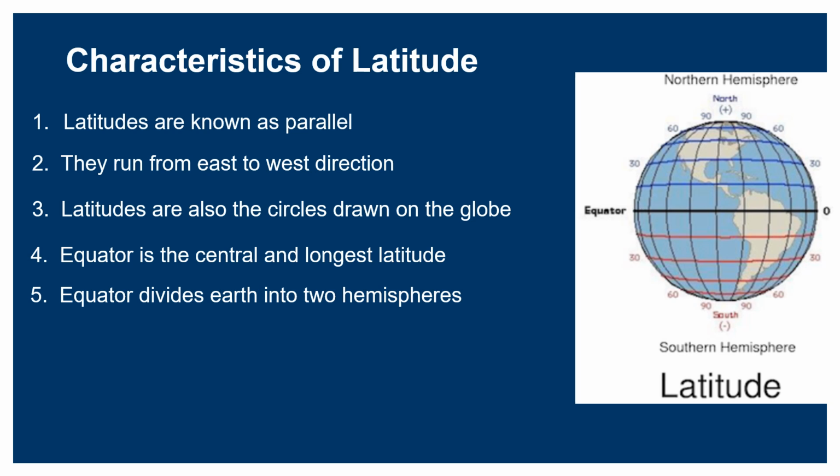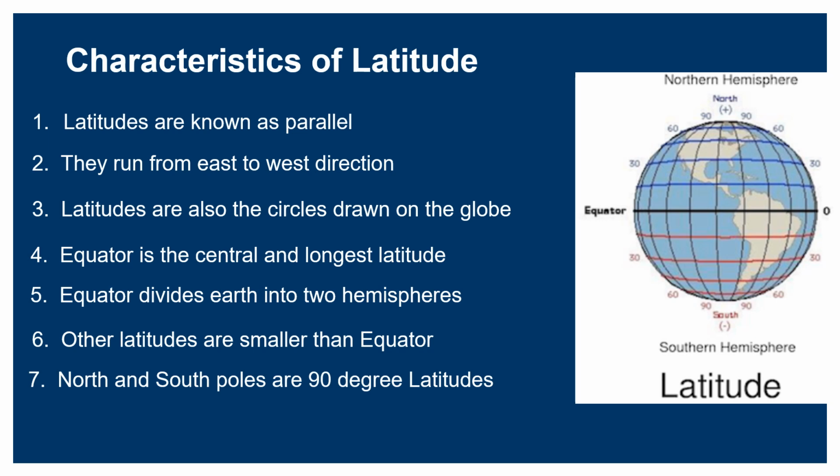The equator divides the Earth into two hemispheres. Other latitudes are smaller than the equator. North and South poles are 90-degree latitudes. In fact, they are points. These poles are actually points and not circles.